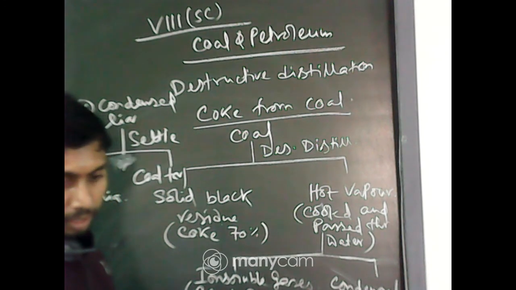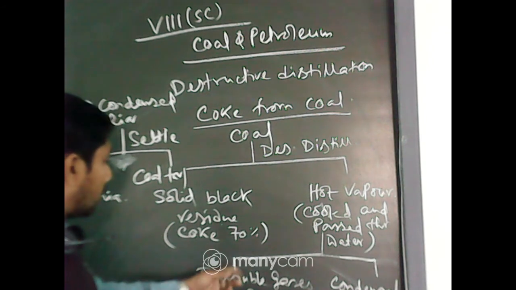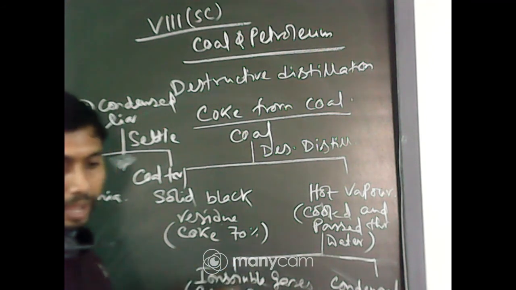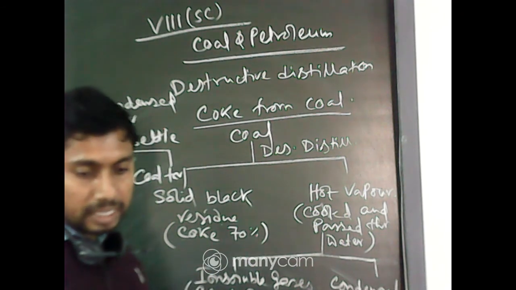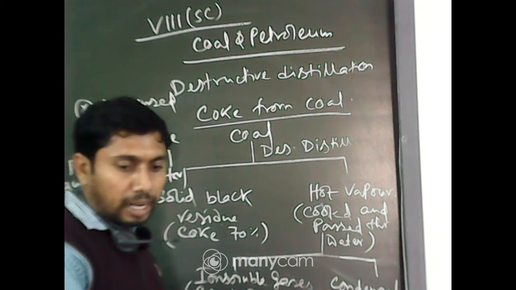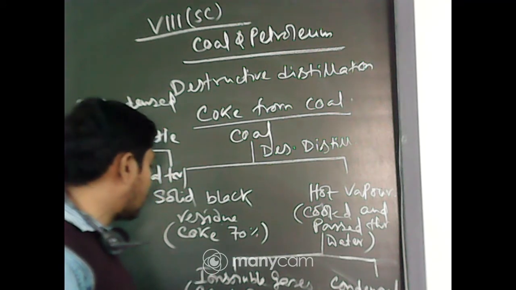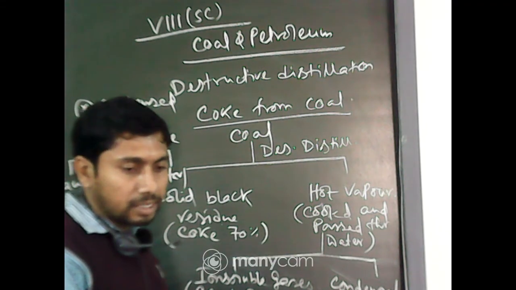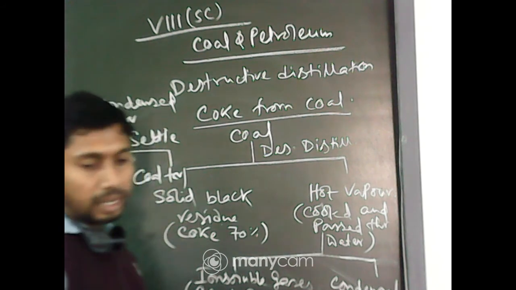Okay. Now, up to that part you can see. After this, there are two arms. The left arm has insoluble gases, also called coal gas, and its constituents are hydrogen, methane and nitrogen.